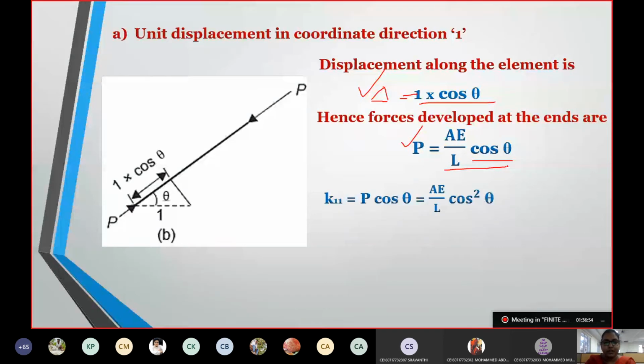Now, I am giving unit displacement at 1 and I am expecting the k value also along 1. So directly that will be P cos theta, right? So what is the P value? A by L cos theta. So A by L cos theta into cos theta is A by L cos square theta.